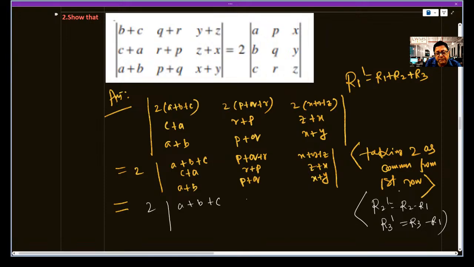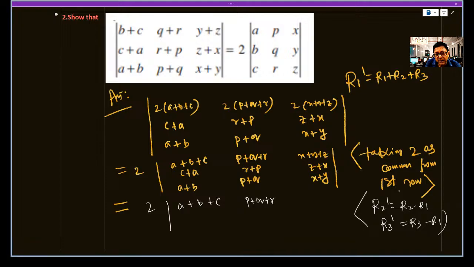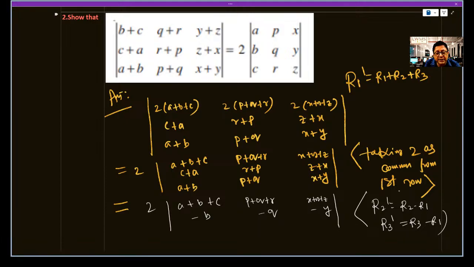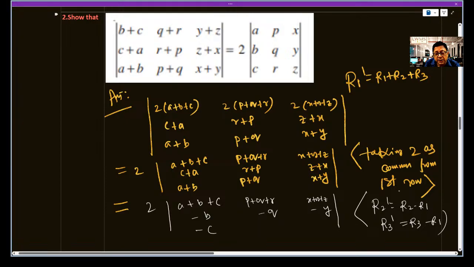So you will get a plus b plus c, x plus y plus z, and subtracting this from here, minus b minus q minus y, and this one minus c minus r minus z. Clear? Understand?